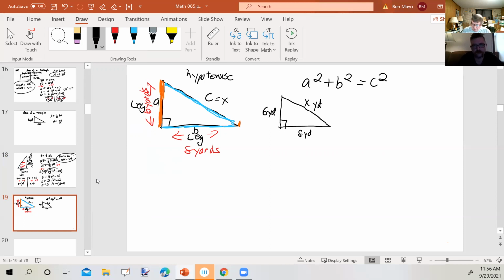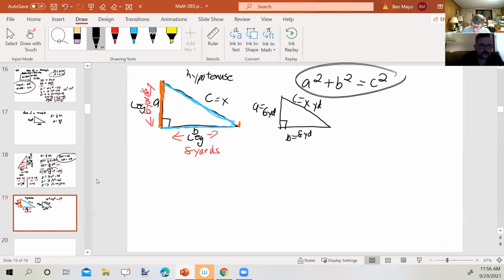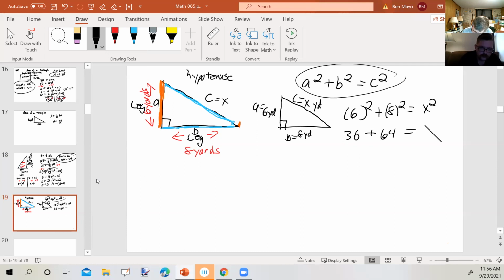All right, so this is A, B, and C. So using the formula, I get the following situation. 6 squared plus 8 squared equals X squared. Okay? Any questions there? 36 plus 64 equals X squared.